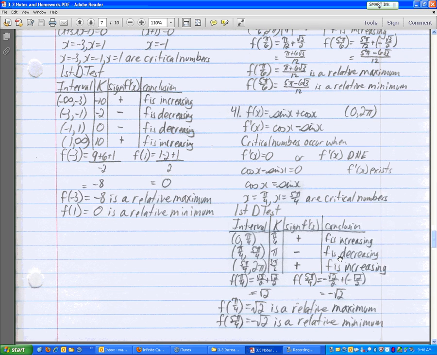Well, don't you hope there's a whole lot of trig on the quiz tomorrow? You guys are so psyched out by trig. Derivative of sine is cosine. Derivative of cosine is negative sine. I'll give you a chart if you need a chart to look up values. Number 41 makes sense?